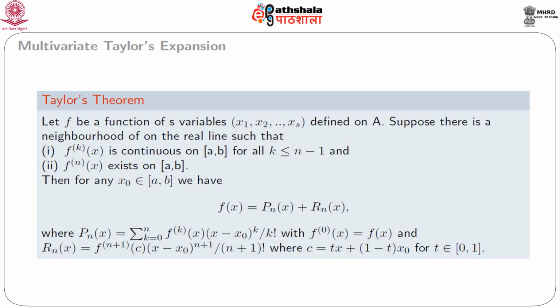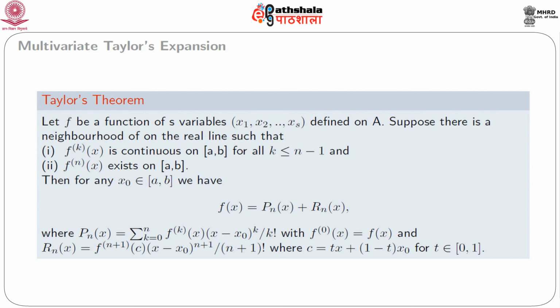Let f be a function of s variables, and suppose there is a neighborhood of a such that f and its partial derivatives up to order L+1 are continuous in that neighborhood.